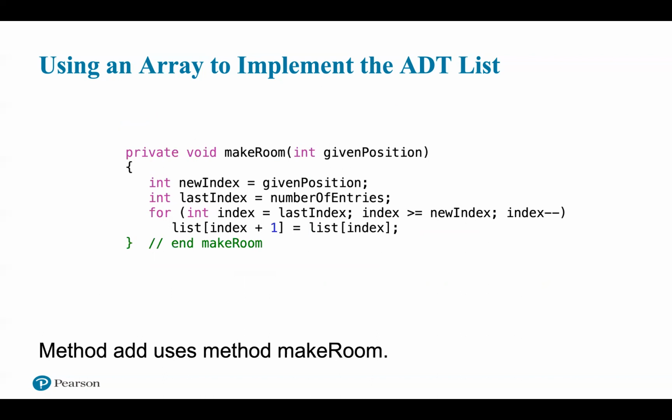This method differs from the previous add method because it usually calls a private method make room, whose definition appears in segment 11.9, to make room in the array for the new entry. The only time it does not call make room is when the addition is at the end of the list. After removing make room's assert statement and comments, we are left with the following code. And so just some more details there.